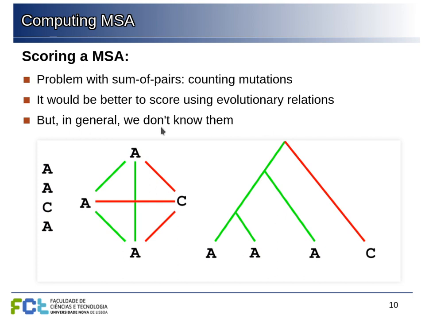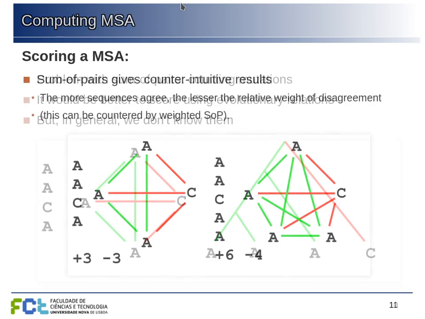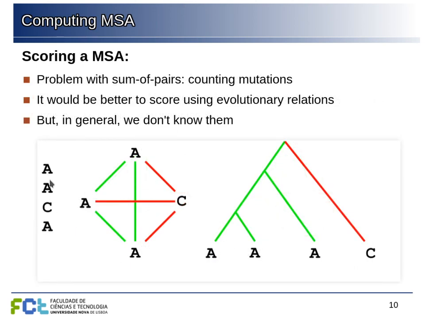it tends to be biased in a way that does not reflect the actual mutations. So for example, suppose that we have 4 sequences. We are computing the contribution of this column for the score of the multiple sequence alignment, and we could imagine that this would have some evolutionary relation like this, where we have one family of sequences which have an A in this position, and there occurred one mutation and there was a C. So we could explain this with one mutation.